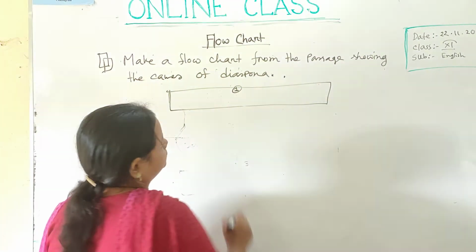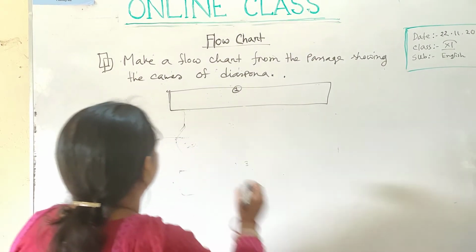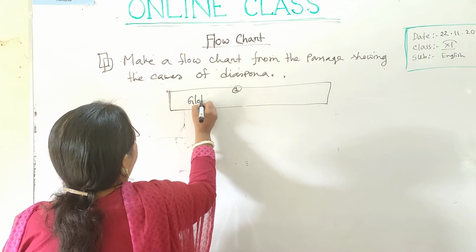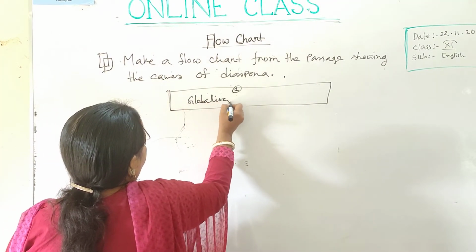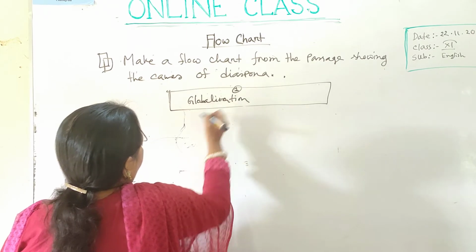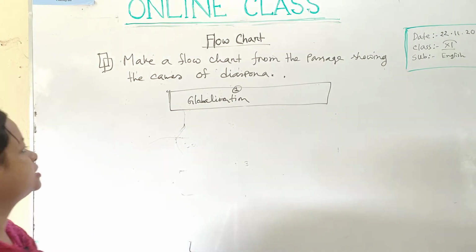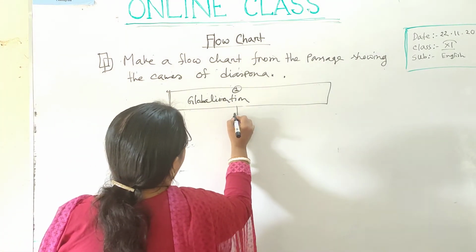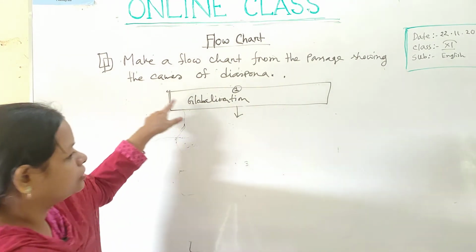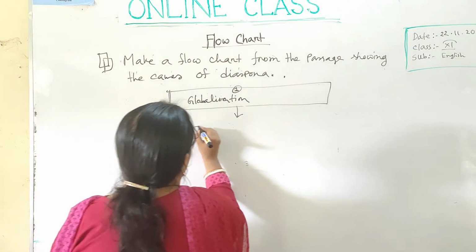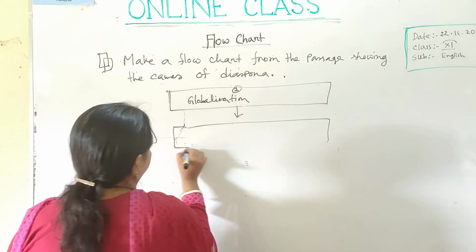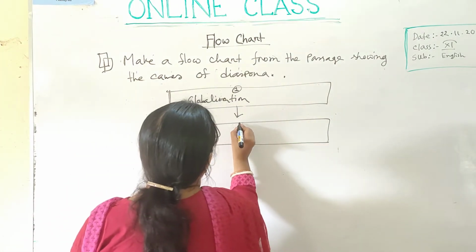Number 1, globalization. One cause is given here. Number 1 is globalization. Then we have to find out another cause of diaspora.